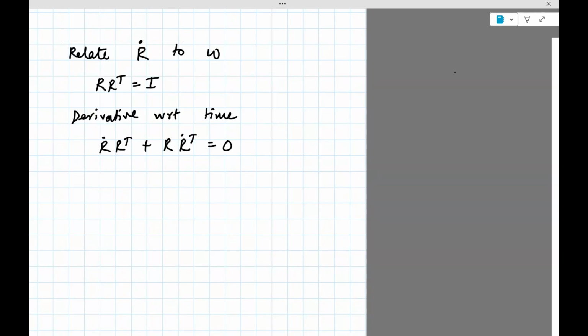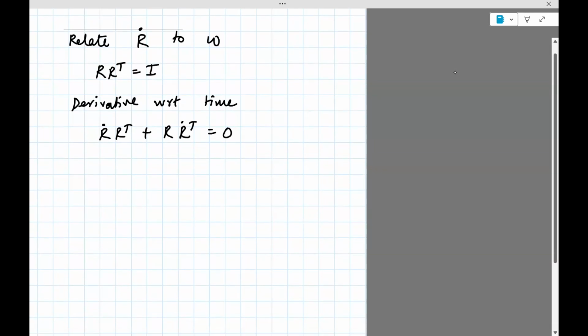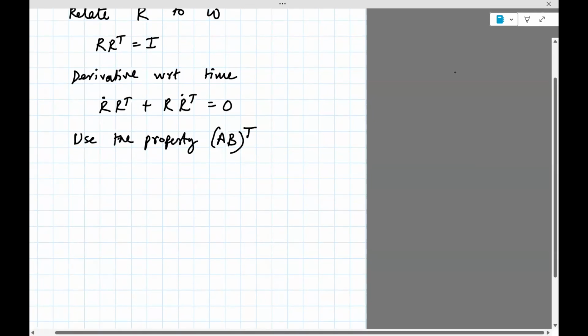Now I can use a property of the transpose. I don't know if you've seen this before, but the transpose of AB is the same as B transpose A transpose.